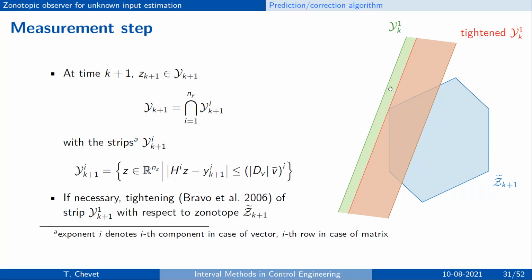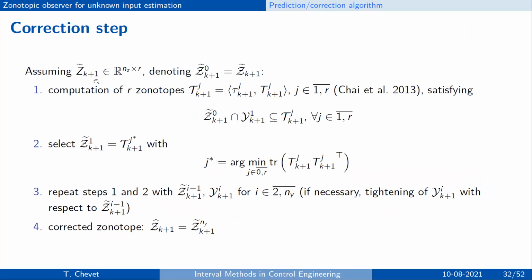Then if necessary, I mean if the strip is larger, like here where we have the green area of the strip which does not intersect the predicted zonotope, we tighten the strip with the strategy from the paper of José Manuel Bravo from 06.